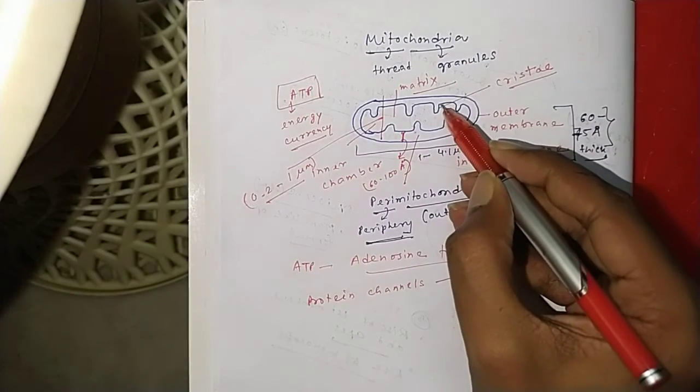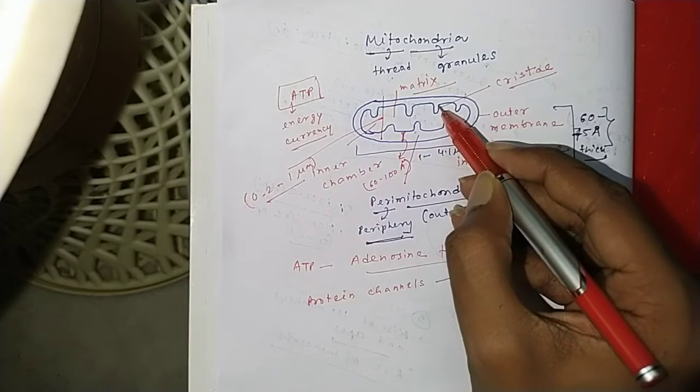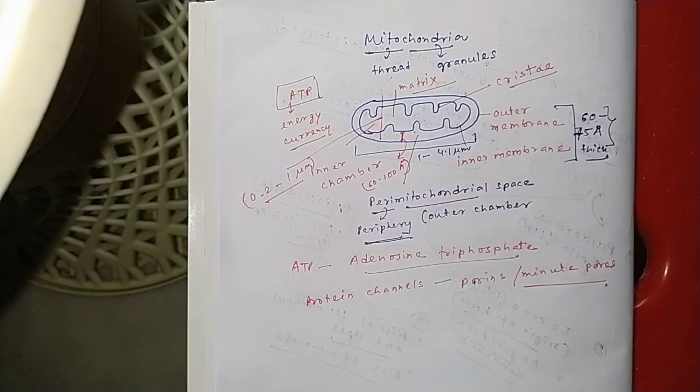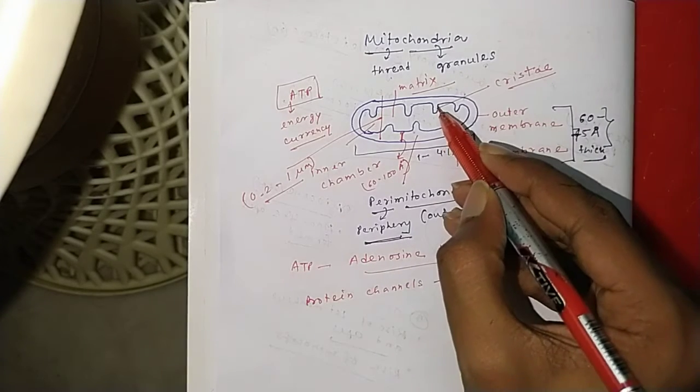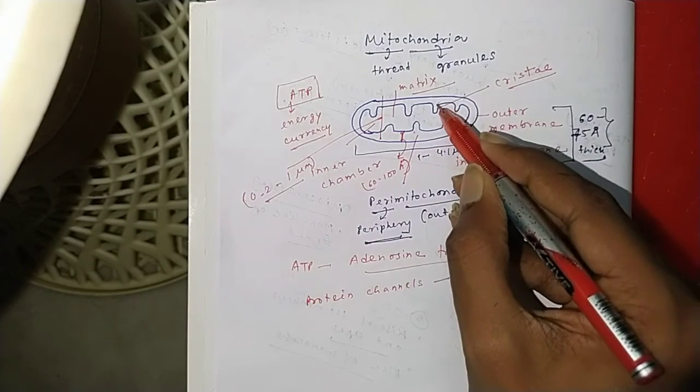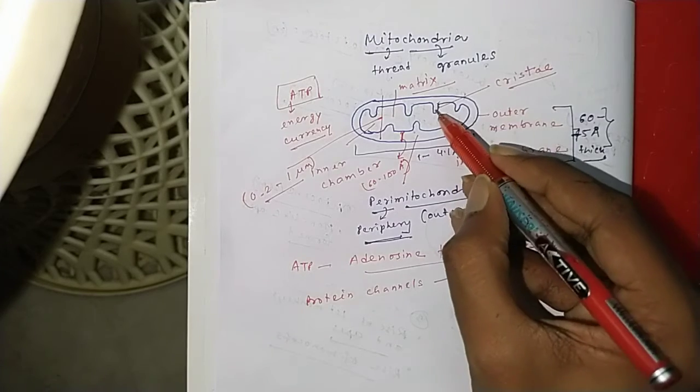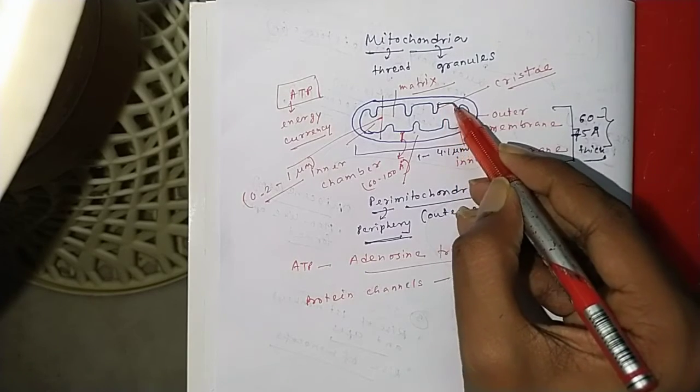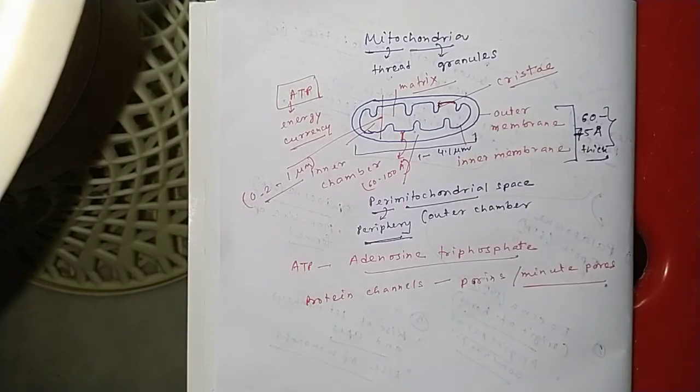Now this cristae has some very important machinery which produces ATP, and we call them F0 F1 particles, like tennis rackets, whose base is embedded within the membrane, and it has a head part.